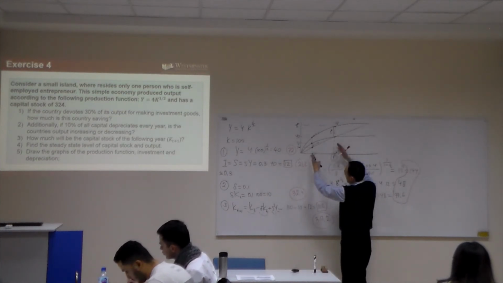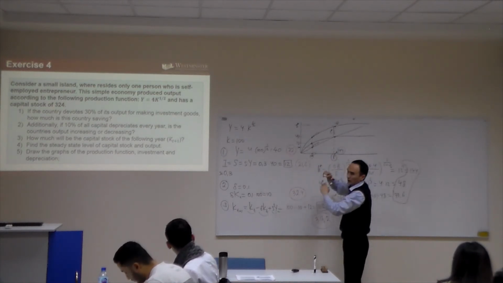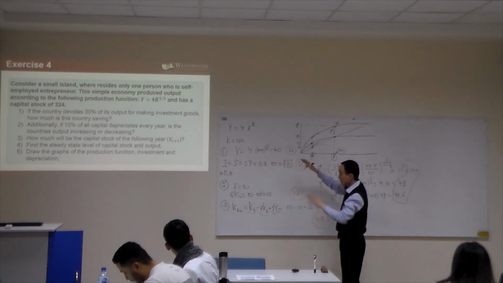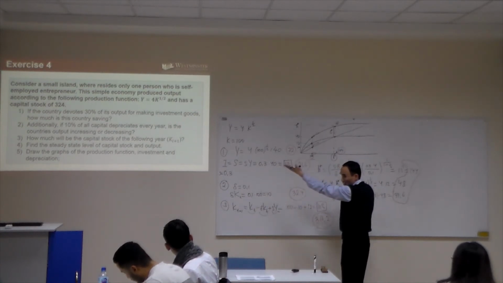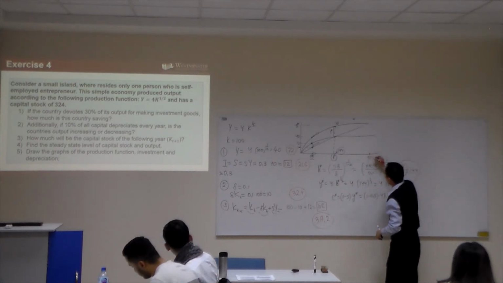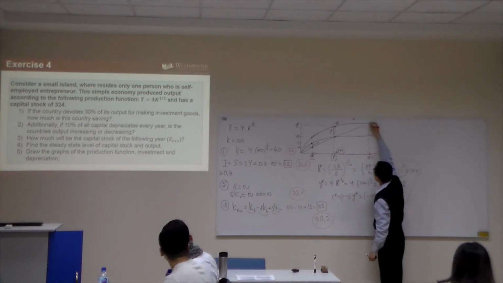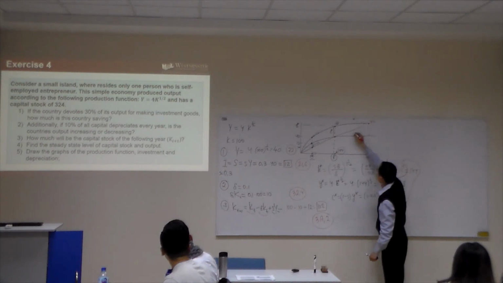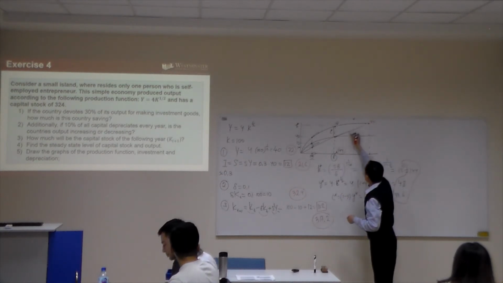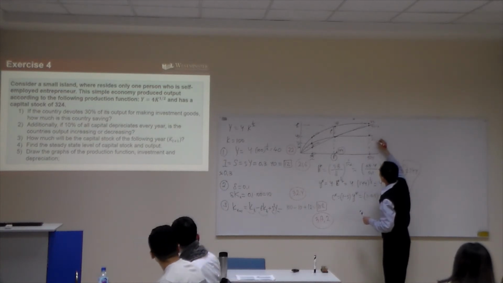Now, it was the graphic that we derived. You can see that the steady state level was reached at 144, where capital was 100. The function is the same, right? Exogenous factors are all the same, but now capital is 324. When it was 324, output reached this level, which is 72, right? And depreciation is 32.4, while investment is 21.6.